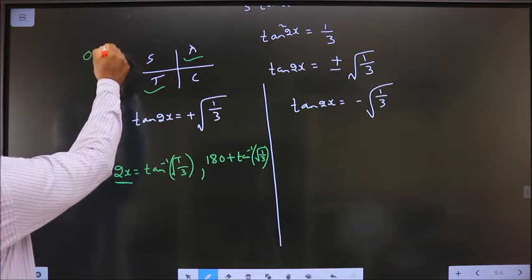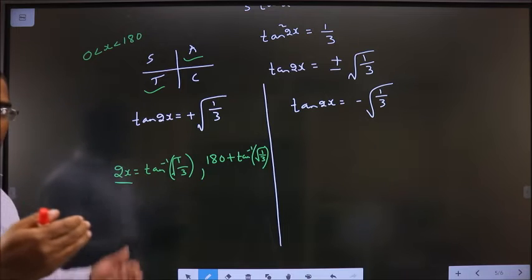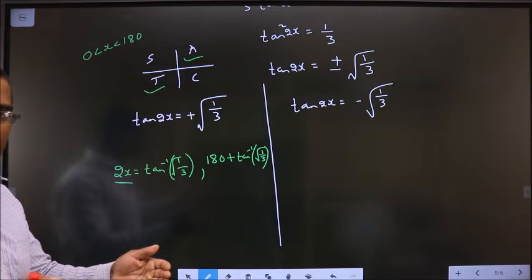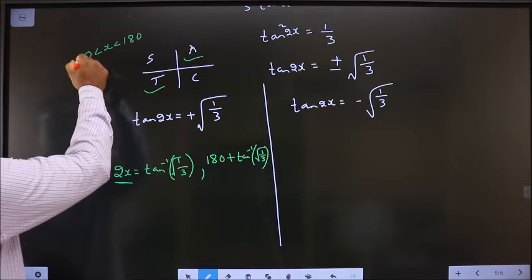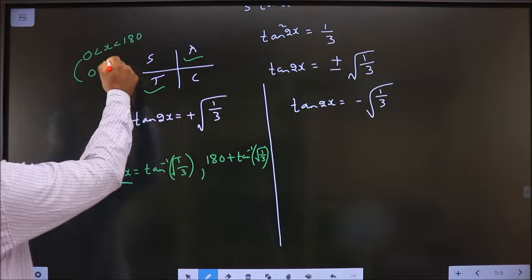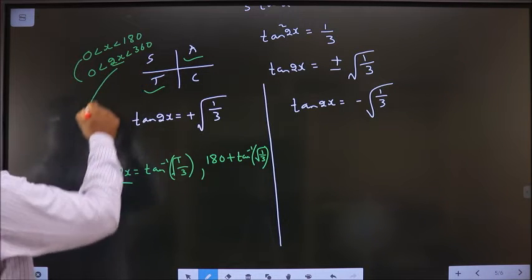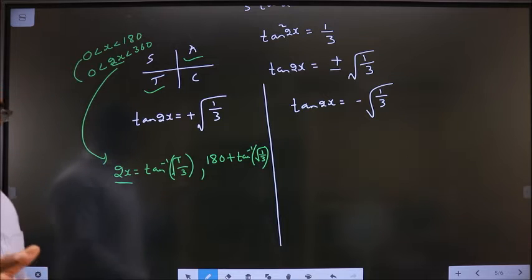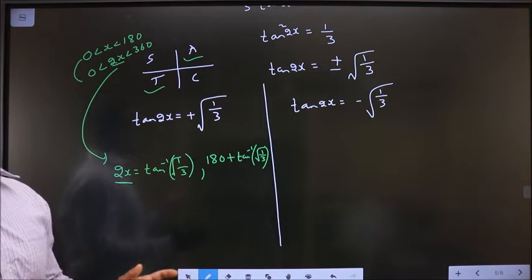Given condition is x lies between 0 to 180. For x to lie between 0 to 180, in what interval should 2x lie? To get that, multiply this entire thing by 2. That will result in 0 less than 2x less than 360. If the values of 2x are between 0 and 360, only then x will lie between 0 and 180.